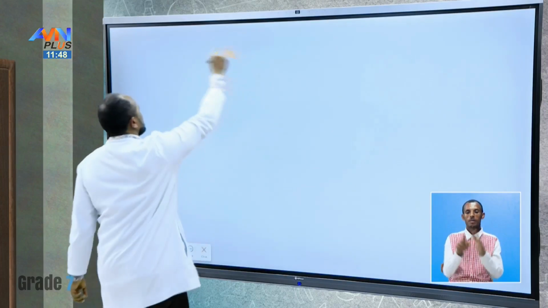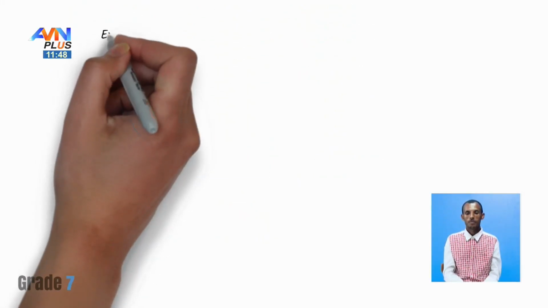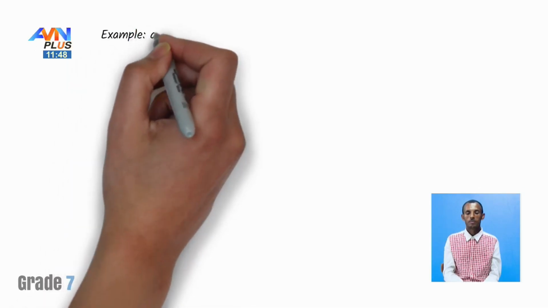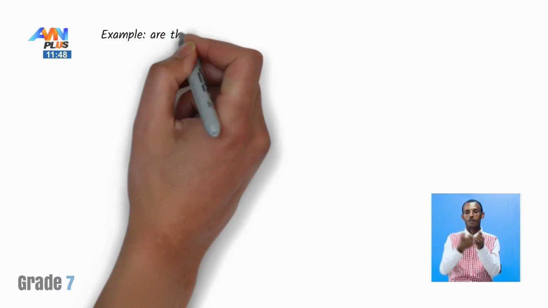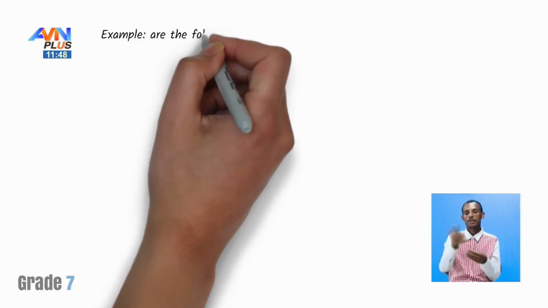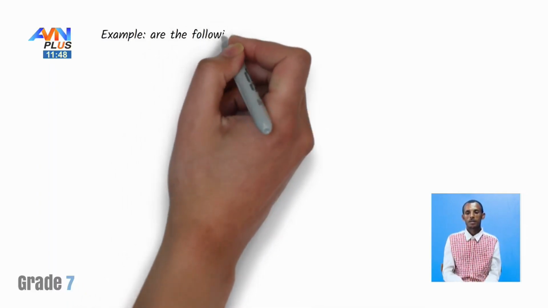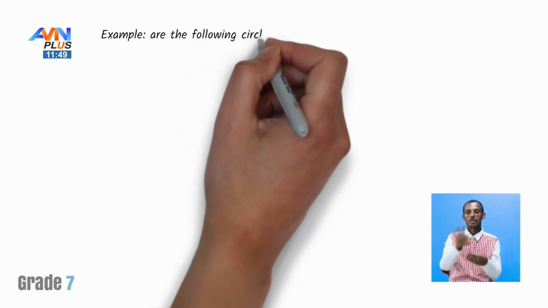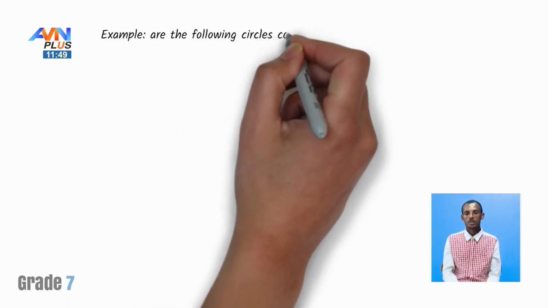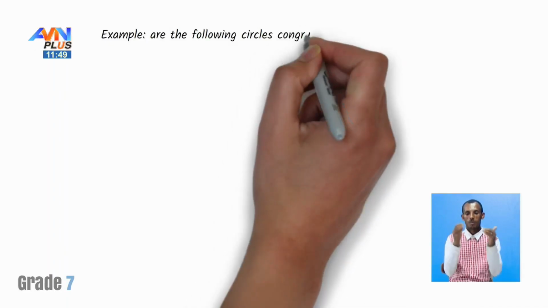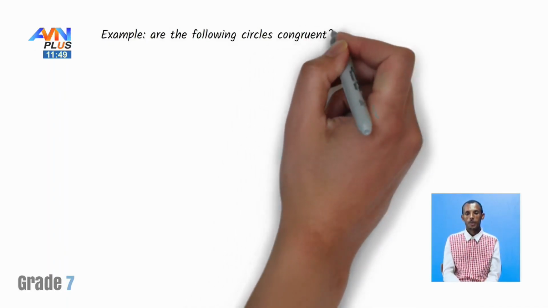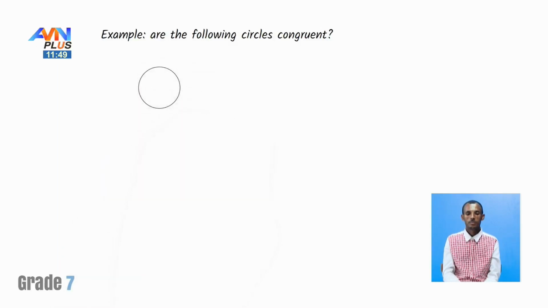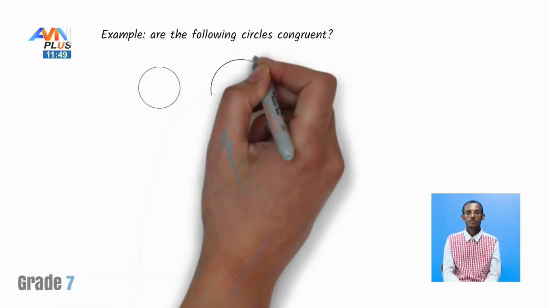Example 3. Are the following circles congruent? This circle and this circle.